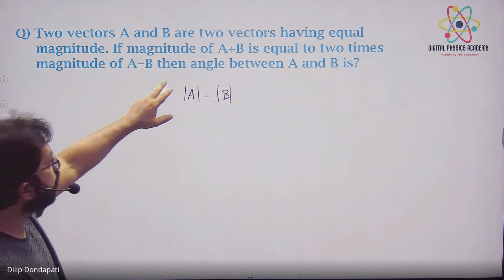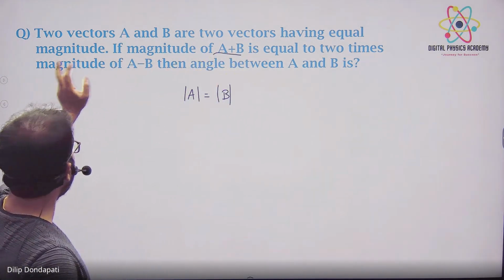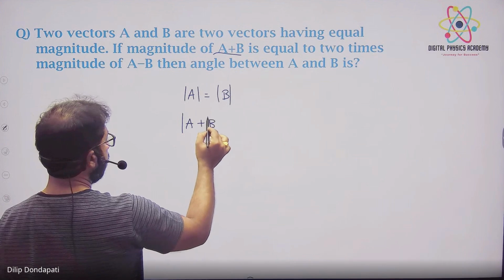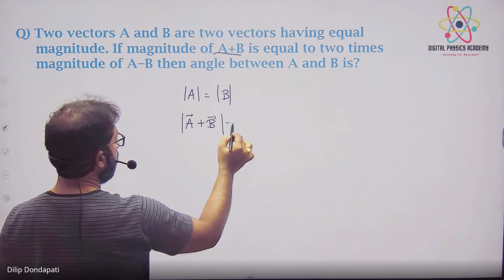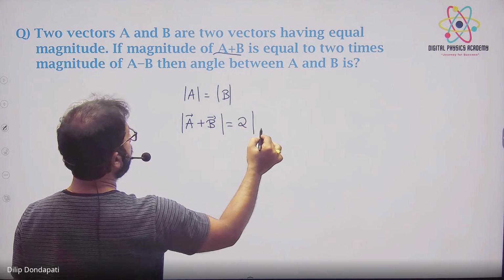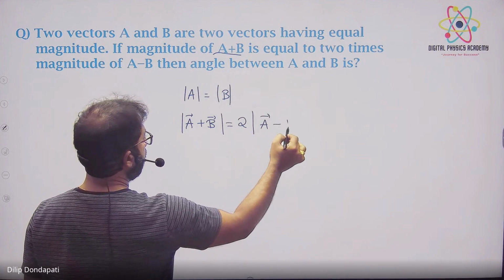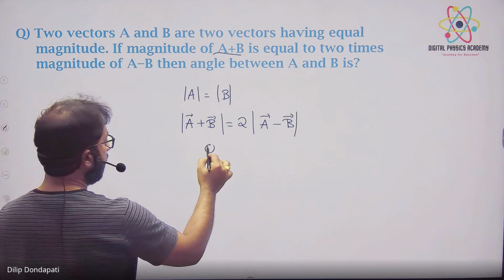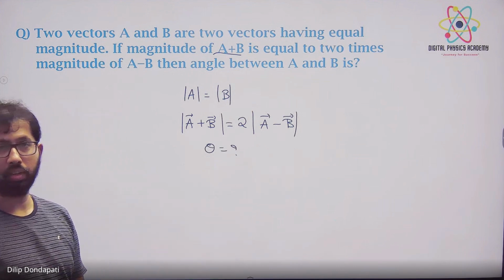If the magnitude of A plus B is equal to 2 times the magnitude of A minus B, that is, given the magnitude of the vector A plus B is 2 times the magnitude of vector A minus B, what is the angle between them? Theta is how much? Solve.